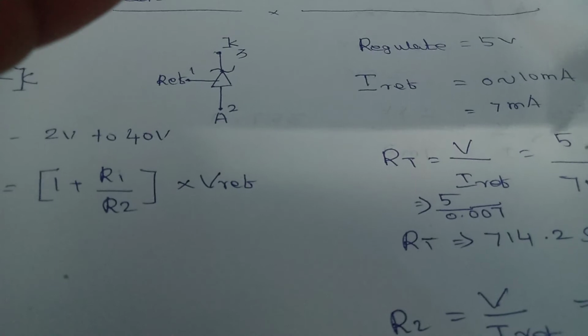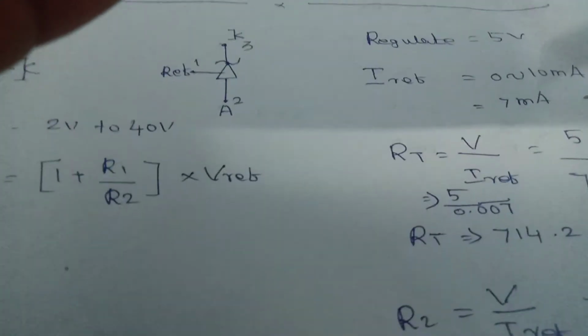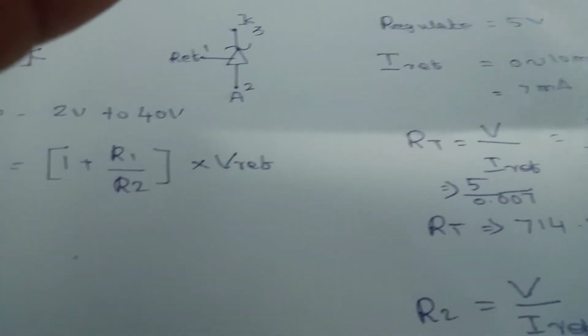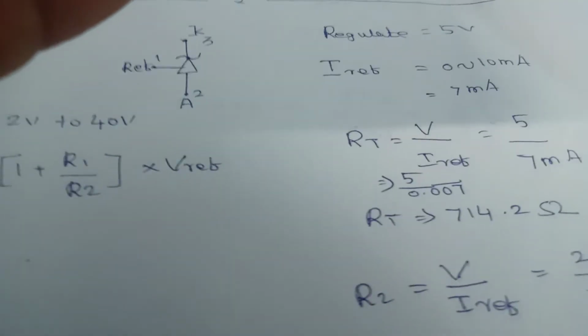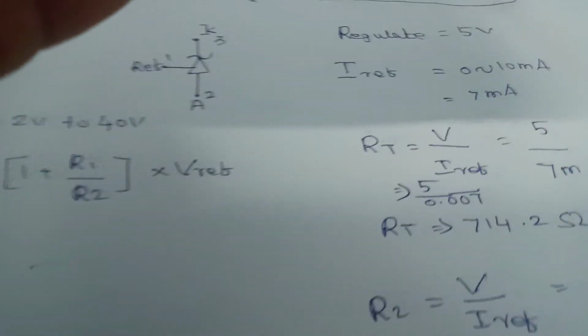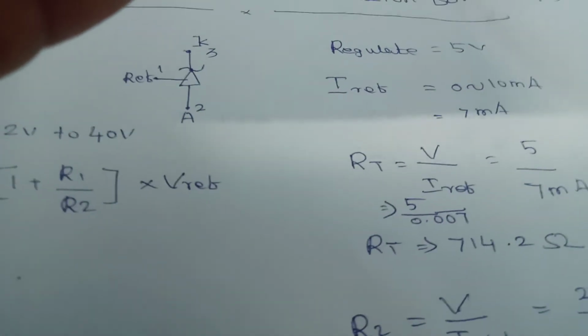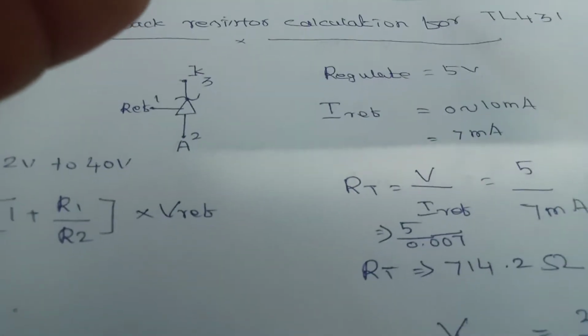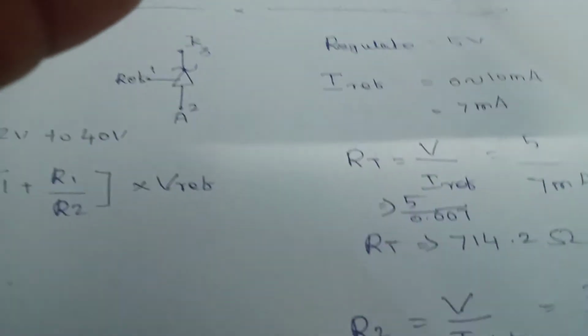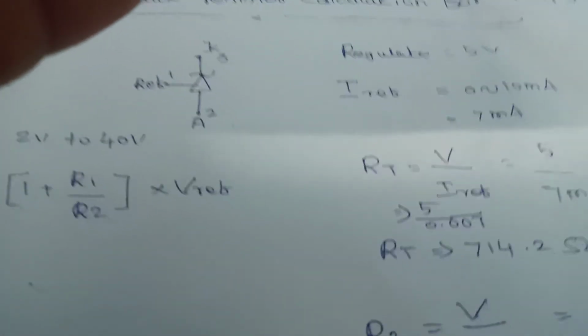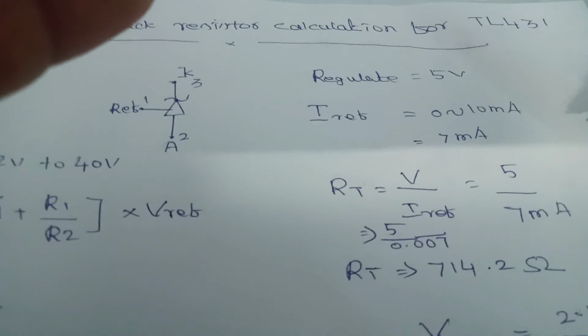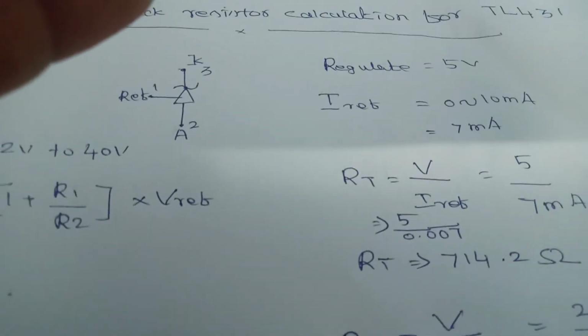Now I need to check the total resistance using the basic formula, Ohm's law, R equals V by I. So RT equals V divided by I reference, which we know is 7 milliampere. V is the output voltage we need, so 5 volt divided by 7 milliampere.